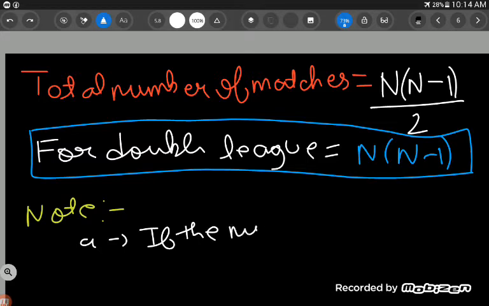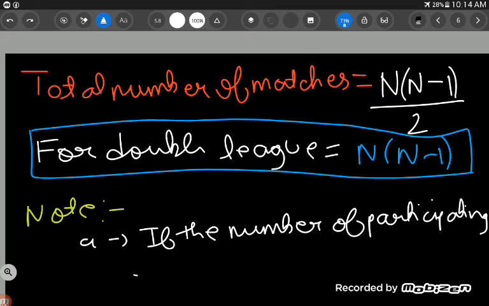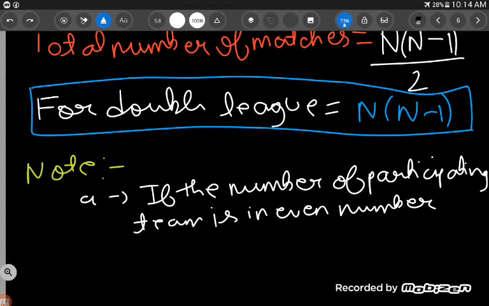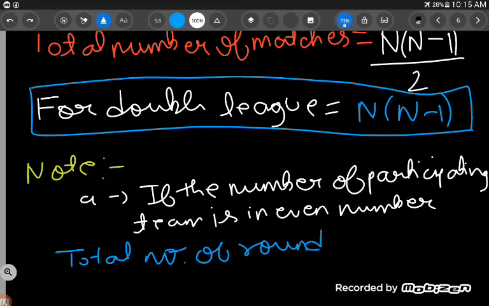If the number of participating teams is an even number, the total number of rounds is equal to n minus 1. What is n? Number of entries.